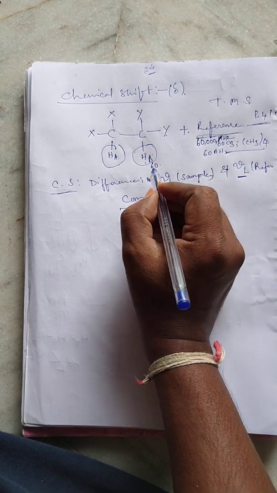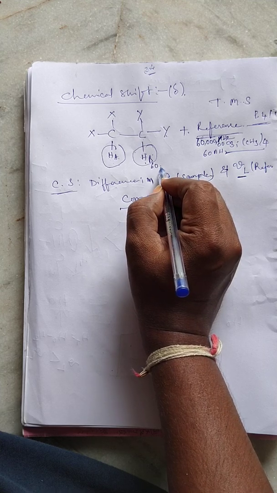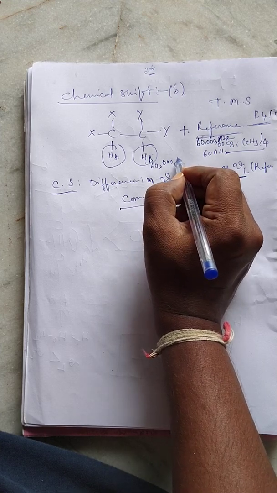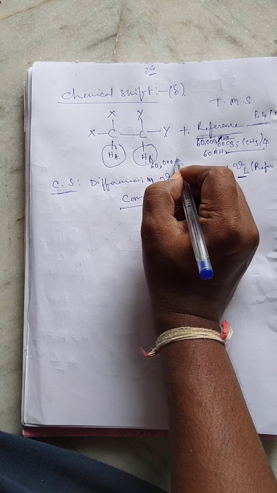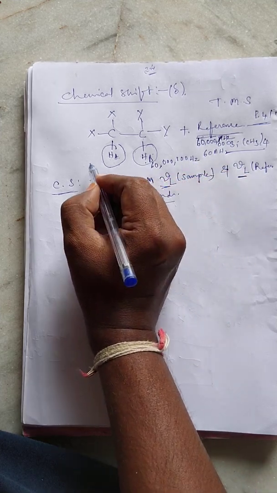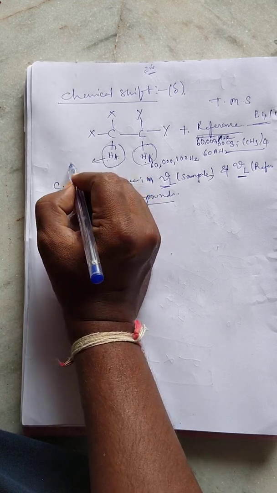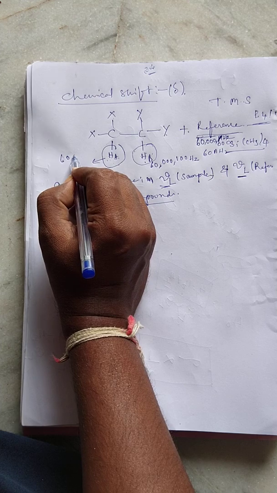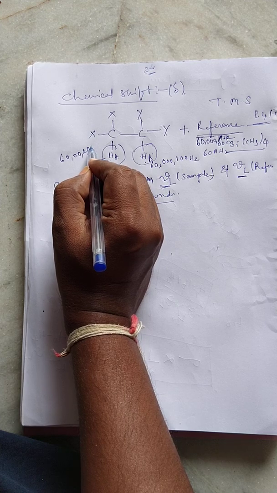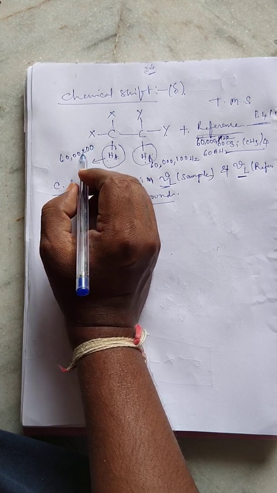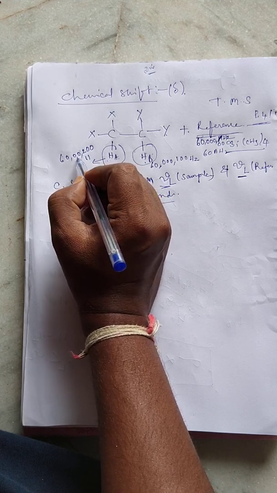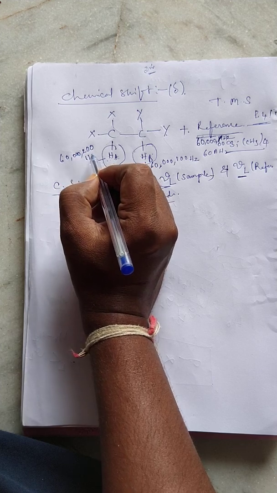And this proton B is precessing at 6 crore 100 hertz, and this proton A is precessing at 6 crore 200 hertz, right?